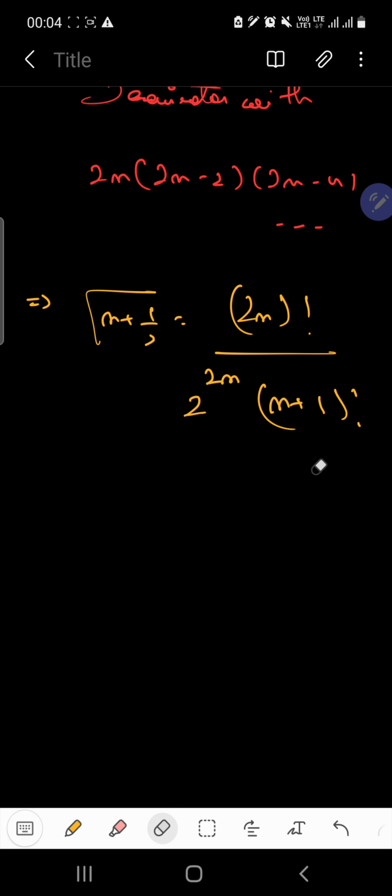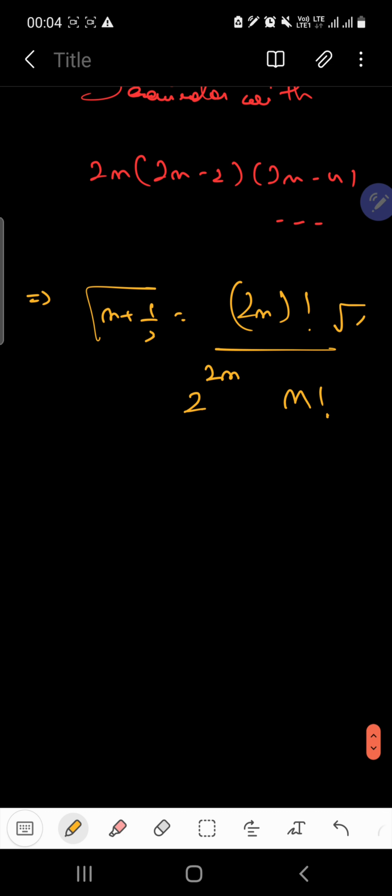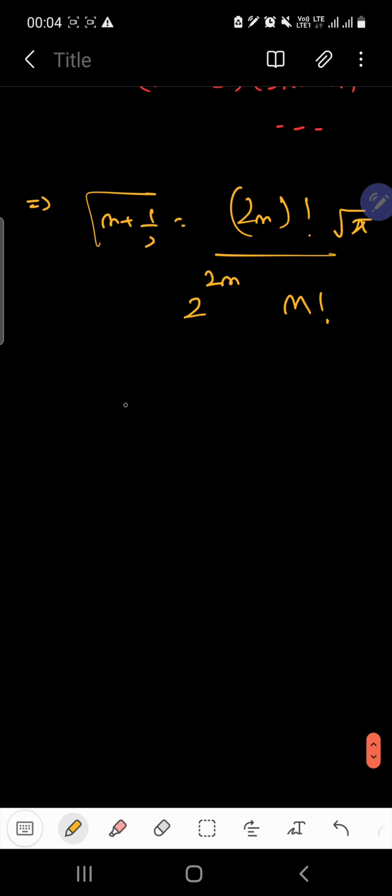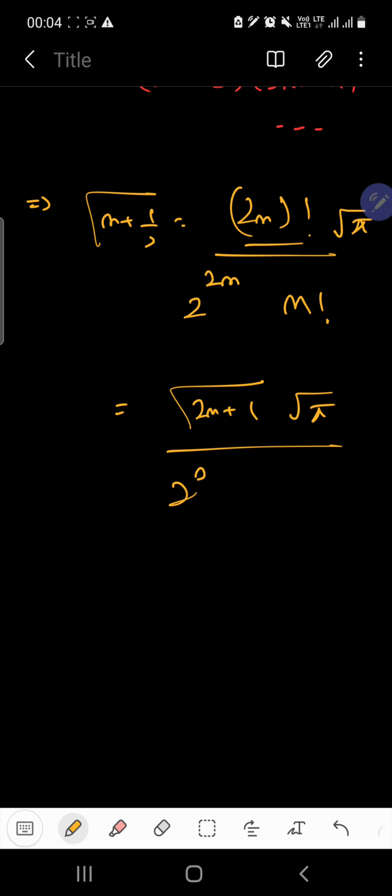Sorry, not n plus 1 factorial, n factorial. I'm very sorry. Clear? And here you have a root pi. So this can be written as gamma of 2n plus 1. Here you have a root pi. Below you have 2 to the power 2n.